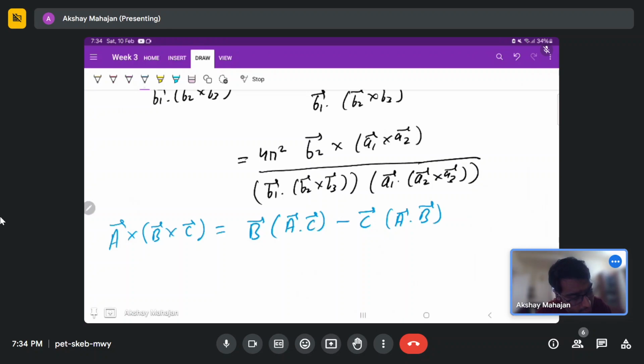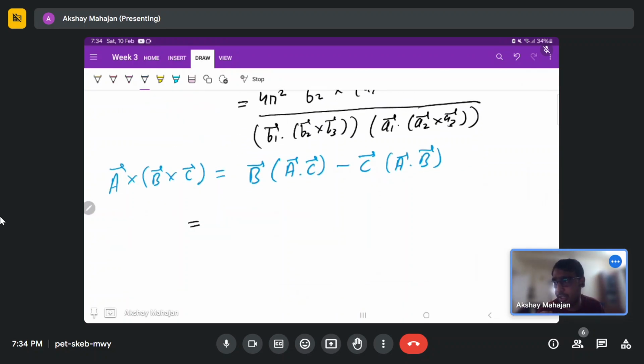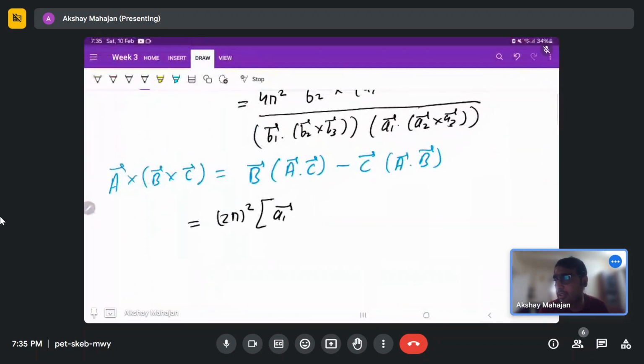Alright, so using this relation, what we will have, let me just write it as 4 pi square: a1 vector times b2 vector dot a2 vector, minus a2 vector times b2 vector dot a1 vector.